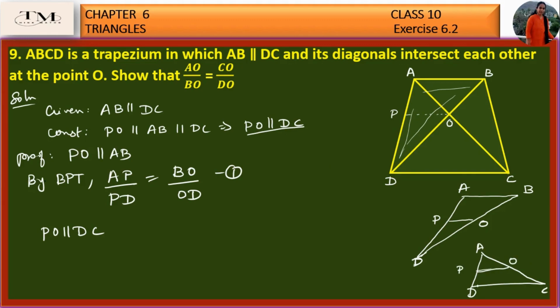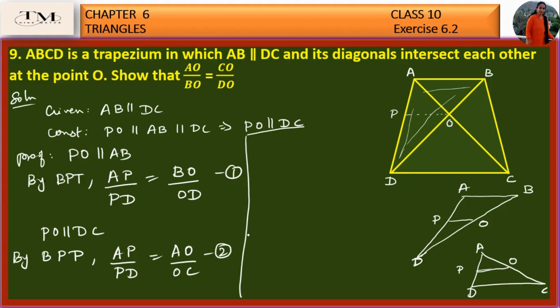So by BPT, AP by PD is equal to AO by OC. So this is 2. So if you check 1 and 2, left hand side is same. So right hand side will automatically be same.